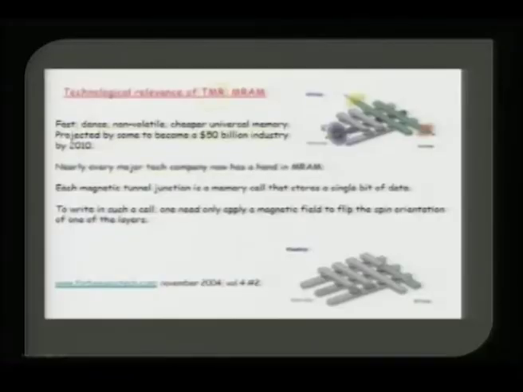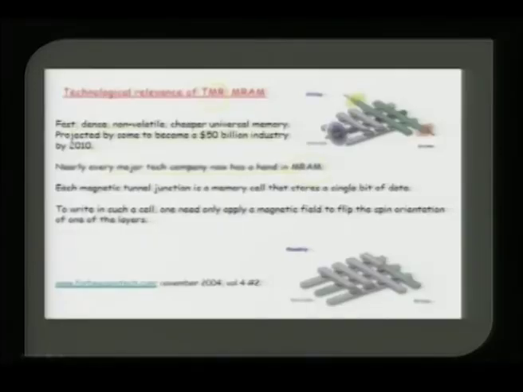Nearly every major technological company now has a hand in MRAM. Not only that, good ferroelectric devices are coming, which are also useful for integration in MRAM. So along with the ferromagnetic research, there are also ferroelectric compounds which are essential for MRAM, which makes this a very challenging venture for most industries.